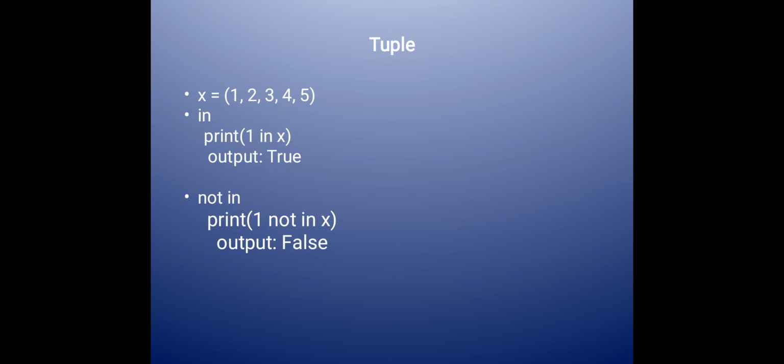Then comes not in, here print 1 not in x. That means it is checking whether the 1 is not in the tuple or not. So here the 1 is present in that tuple x, so the output will be false, otherwise the output will be true.